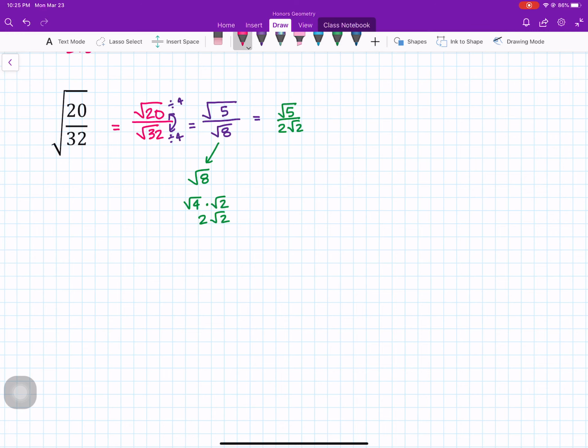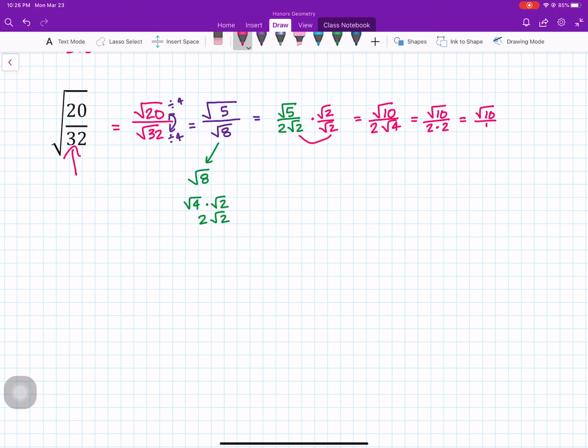By doing this, I now make the problem simpler. I don't have to multiply top and the bottom by root 32. I can just multiply it by root 2, which is very straightforward. So I have on the top of my fraction root 5 times root 2, which is root 10. And then in the denominator of my fraction, I have 2 times root 4, which is 2 times 2, which is 4.